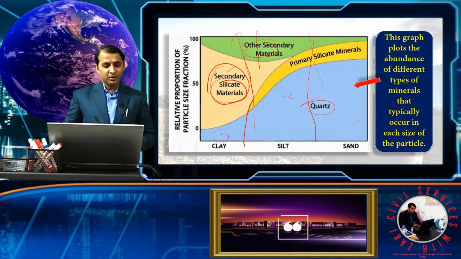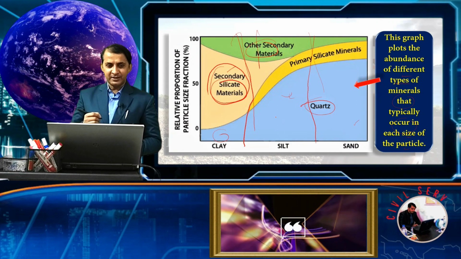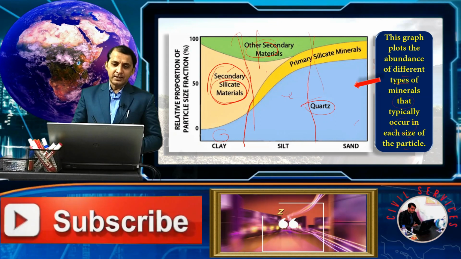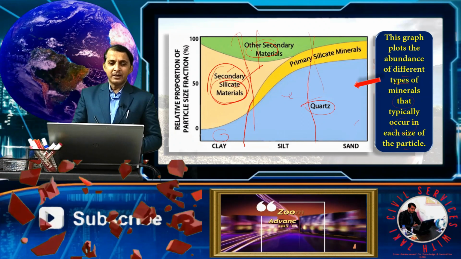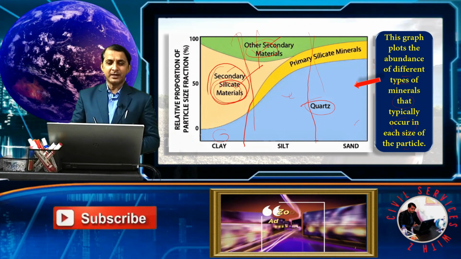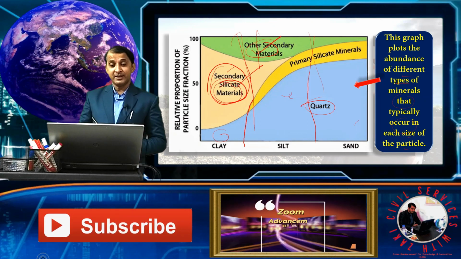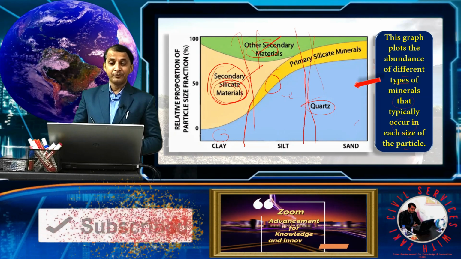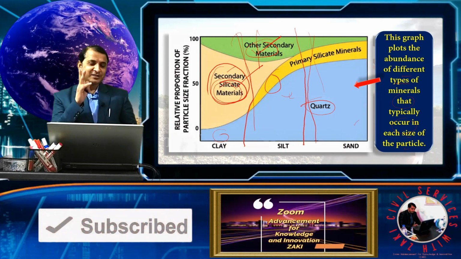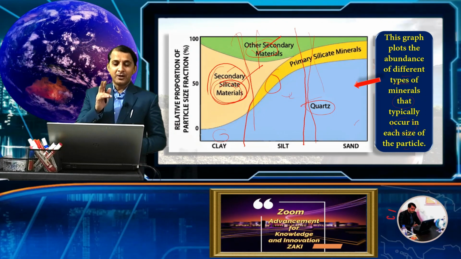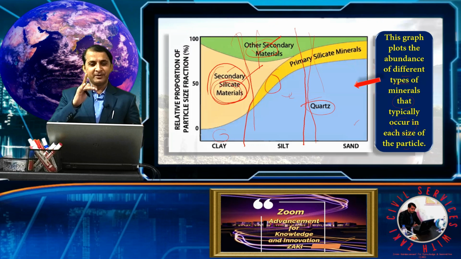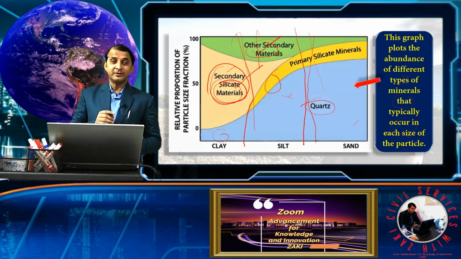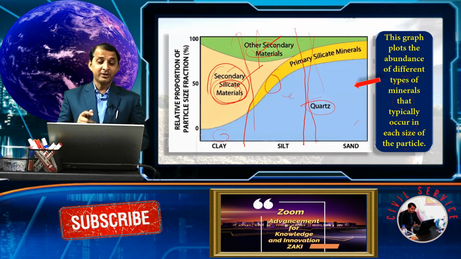If we see silt, you can find other secondary minerals, secondary silicate minerals, other materials, and also you can find primary minerals in silt. So primary and secondary means secondary silicate minerals, other secondary minerals, and the primary minerals; this type of soil is called silt.